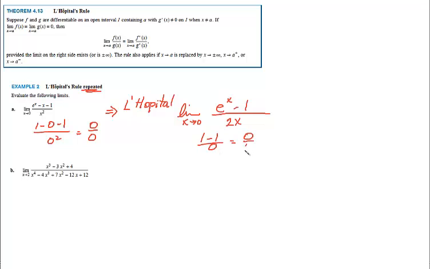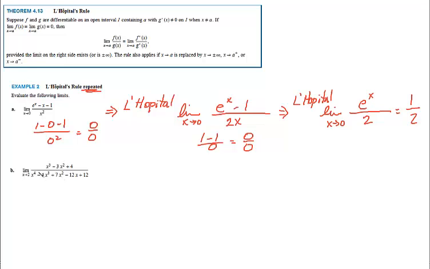I get 0 over 0 again, meaning that since I have an indeterminate form, I can now use L'Hopital's again. So I will take the limit as x goes to 0, and I will take the derivative of the numerator and the denominator and see if I can do direct substitution now. This would be plugging in a 0, 1 over 2. Oh, that was nice.